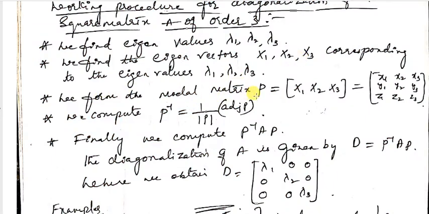Then we have to form the modal matrix P. P is equal to [x1, x2, x3], which consists of the eigenvectors in columns.